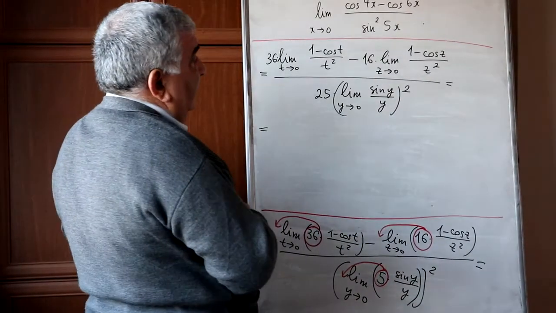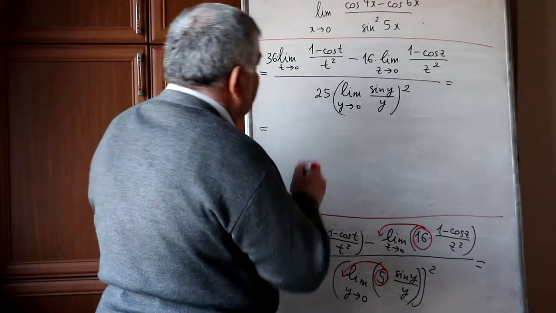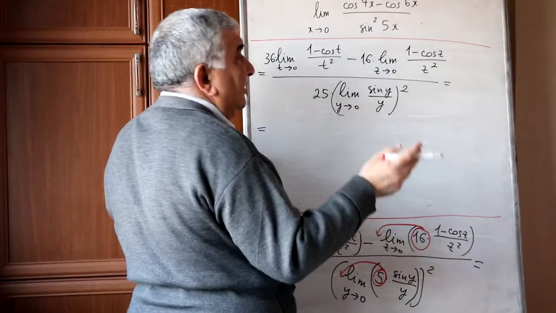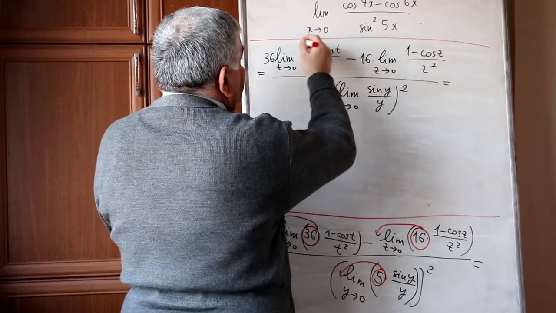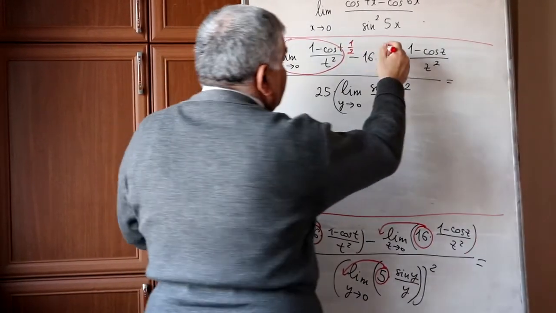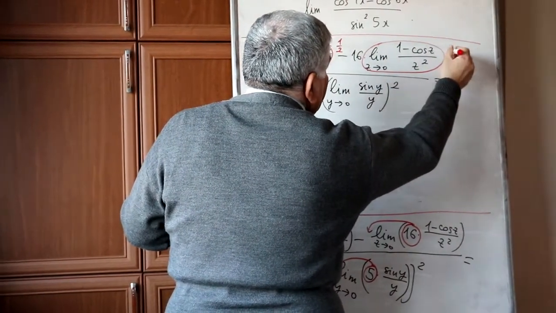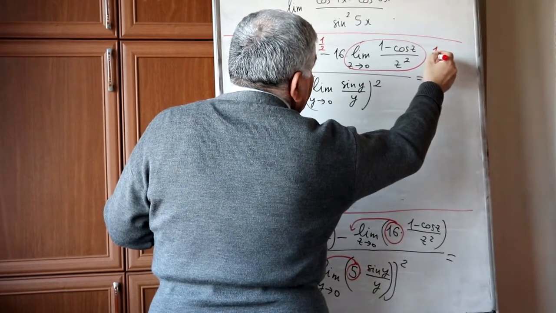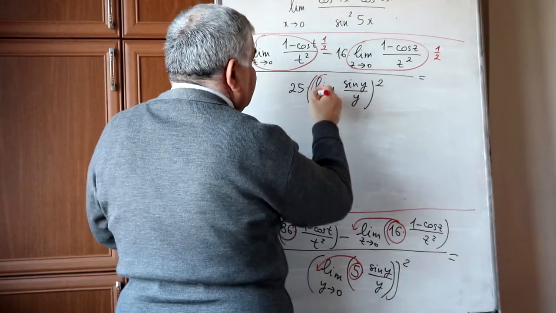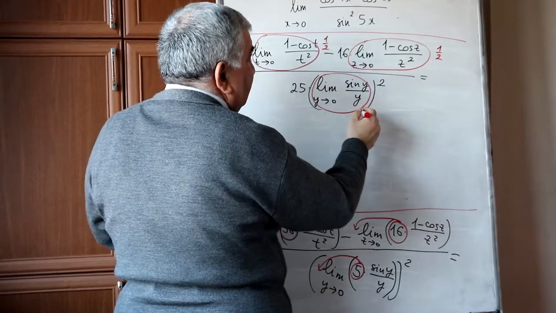Then remember the cosine result of the first remarkable limit. According to the cosine result of the first remarkable limit, this limit is 1 second, and the second limit is also equal to 1 second. But the last is the first remarkable limit itself, and it is unit.